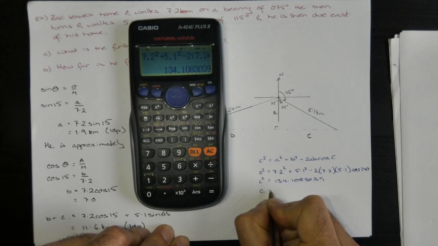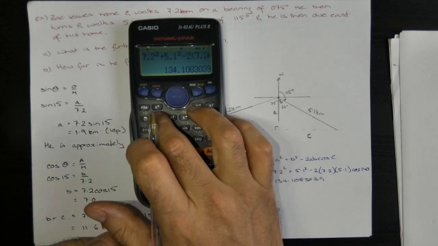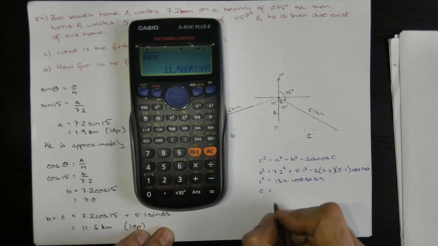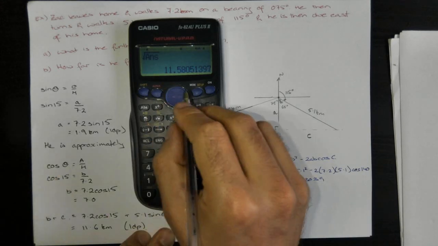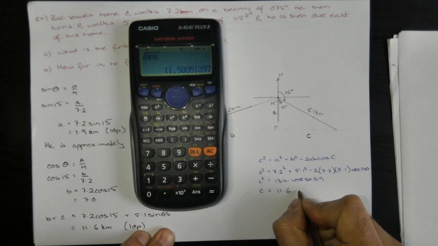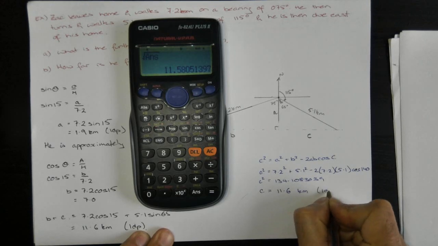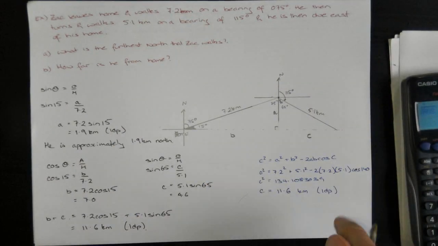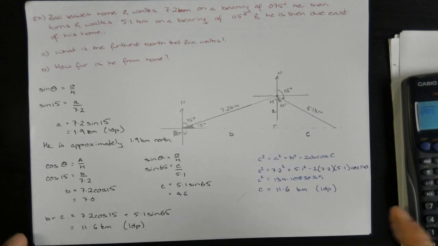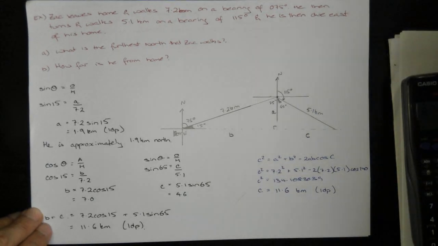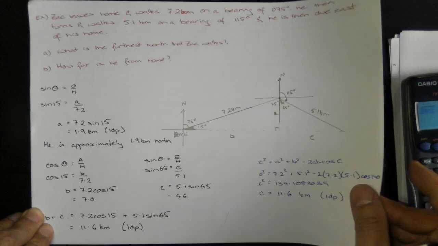If I square root that, I get 11.6 kilometers to 1 decimal place, which is exactly the same as doing it in two separate triangles. So it just depends on how much trigonometry you do know.